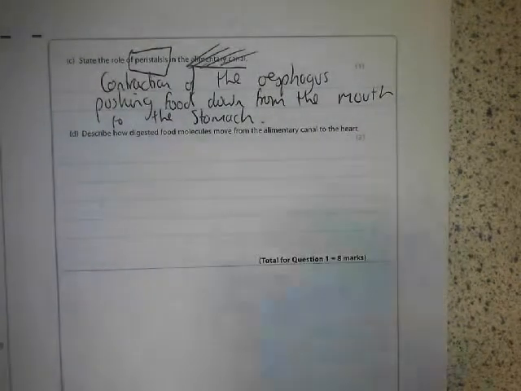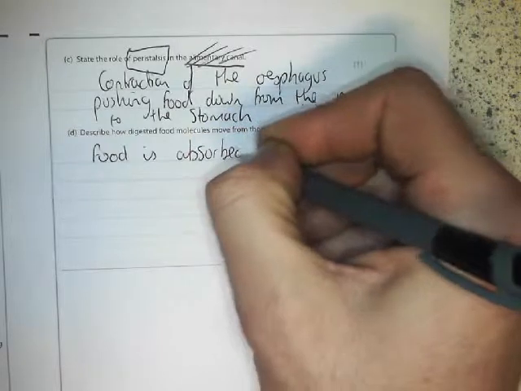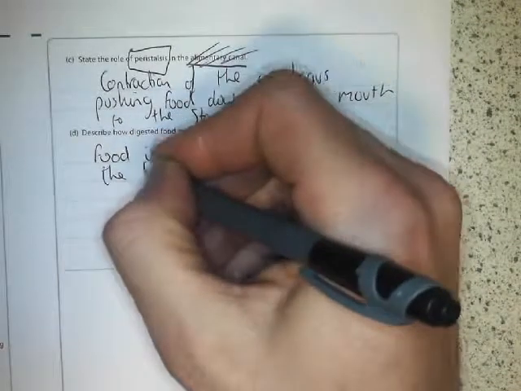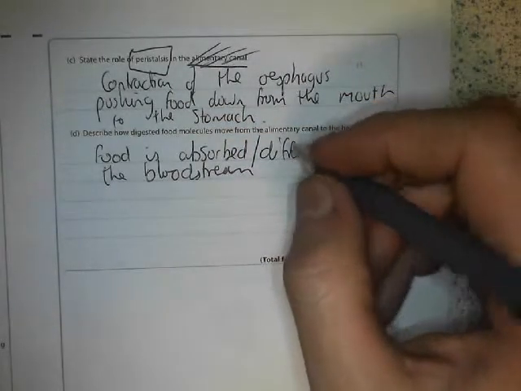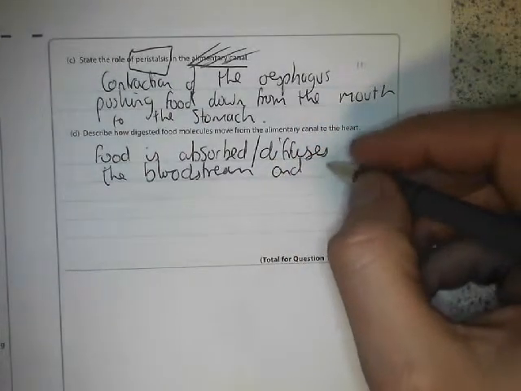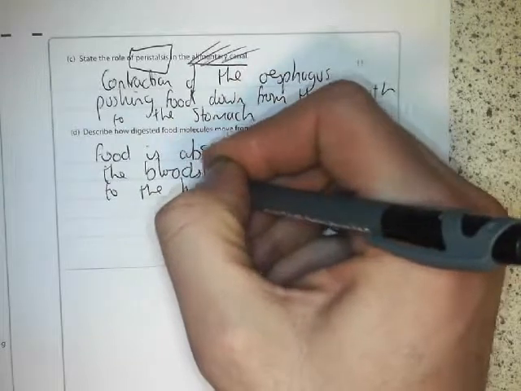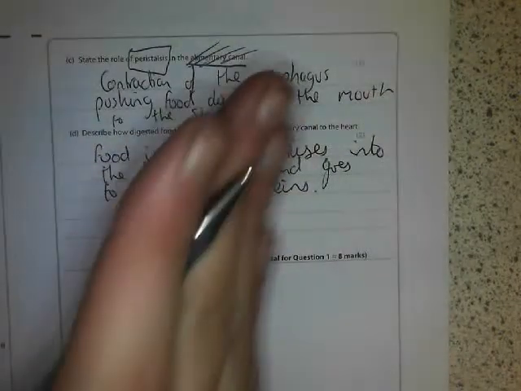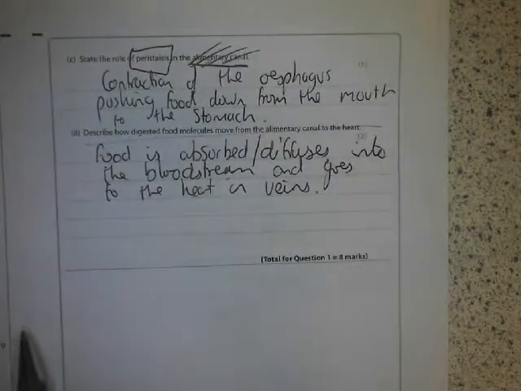So food is absorbed, or diffuses, into the bloodstream and goes to the heart in veins, because blood goes back to the heart in veins and away from the heart in arteries. But granted, that is a tough question, okay?